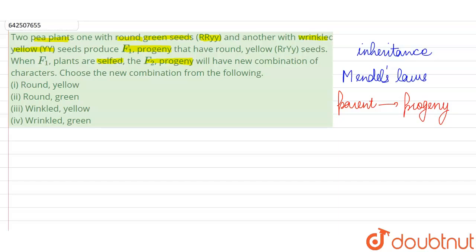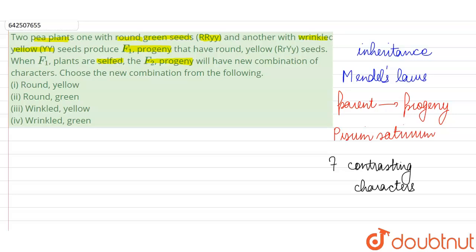And during his experiments, the plant that he used was that of garden peas, that is, the Pisum sativum plant. And in these plants, to find out the patterns of inheritance, Mendel observed 7 contrasting traits or 7 contrasting characters, after which he proposed the laws of inheritance as we know them today.